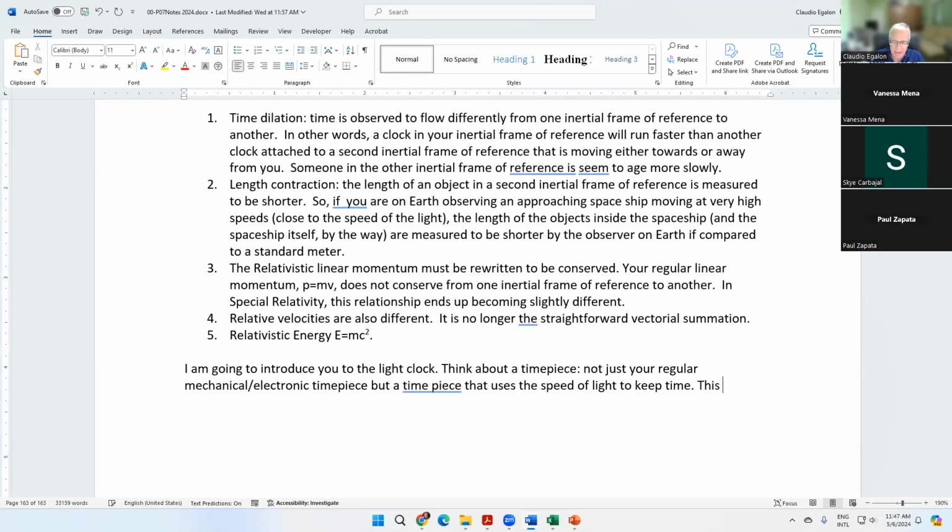This is a very nice thought experiment that we can do to derive the consequences of special relativity, especially the case of time dilation.